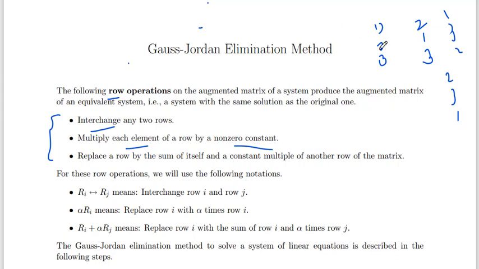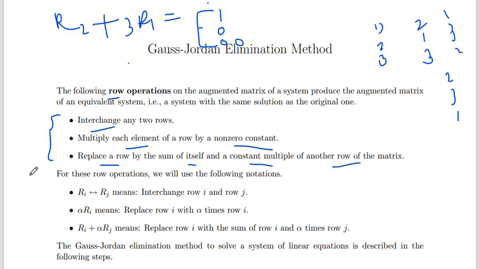To transform into an upper triangular matrix, we multiply the second row and add it to the third row, like so, so that this element becomes 0. So this is the third operation: replace a row by the sum of itself and a constant multiple of another row.